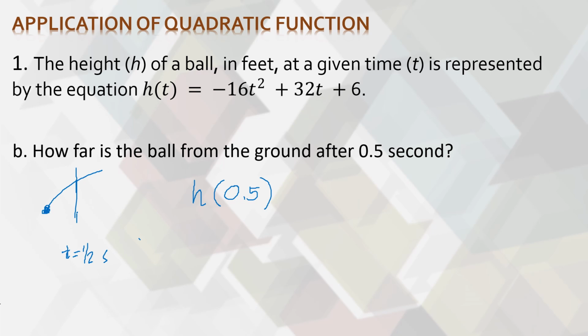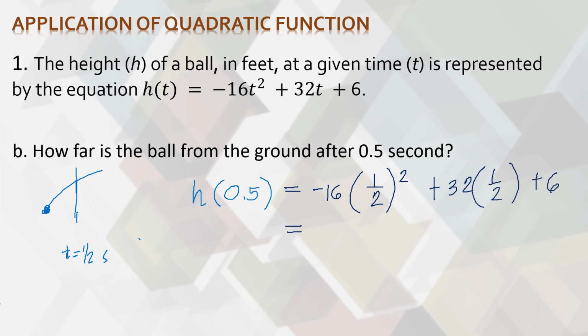which is now equal to negative 16, and 0.5 is simply 1/2, square 1/2, plus 32 times 1/2 plus 6. So minsan mas mabilis mag-solve pag naka-fraction kasi you can just cancel or get the lowest term mamaya. So negative 16 times the square of 1/2 is 1/4. 32 times 1/2, half of 32 is 16.